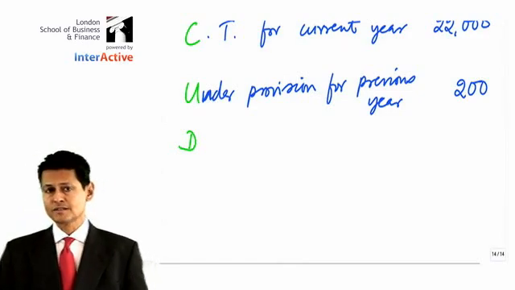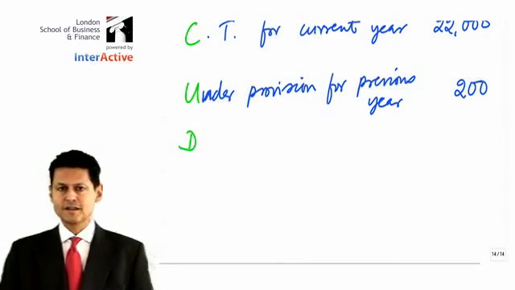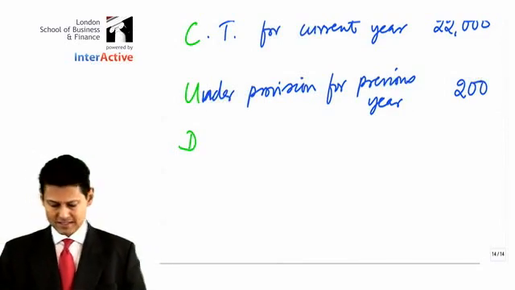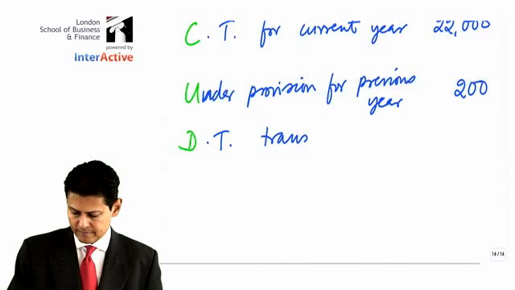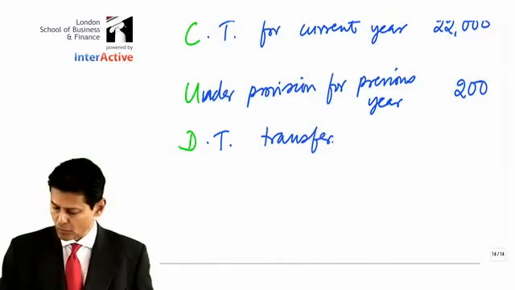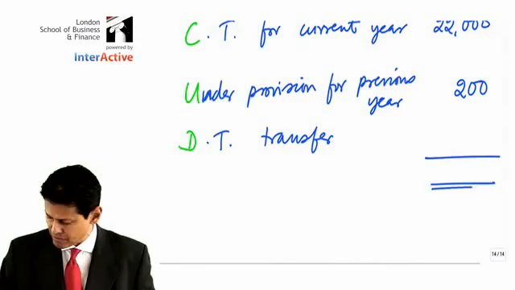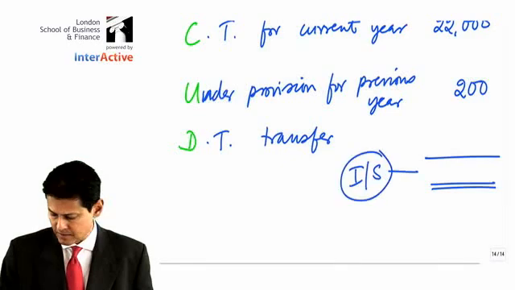Over provision, brackets. Under provision, no brackets. Over provision, brackets. Then you have your deferred tax transfer. Not entirely sure at this stage what that is, so what we'll do is to leave some space and rule it off, and this eventually goes to the income statement.